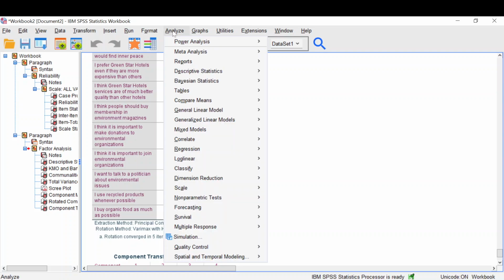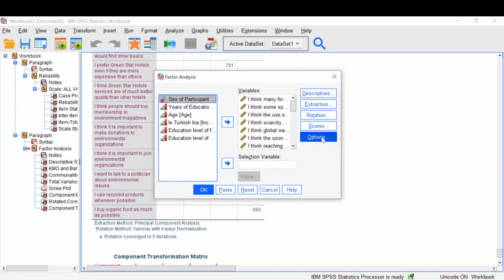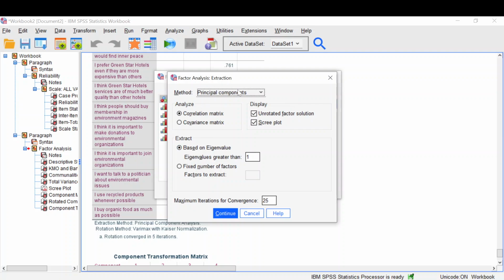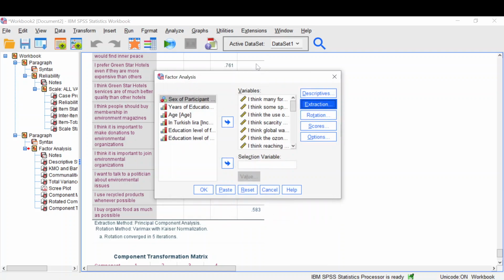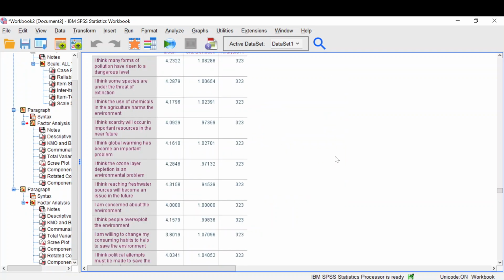If we go back to analyze, dimension reduction, and factor, we go to extraction, and this time, instead of based on eigenvalues greater than 1, what if we did want it just to choose 3, right? So then we tell SPSS we only want to extract 3 factors. We don't care what the eigenvalues are in this case. We press continue, keep everything else the same, and hit OK.